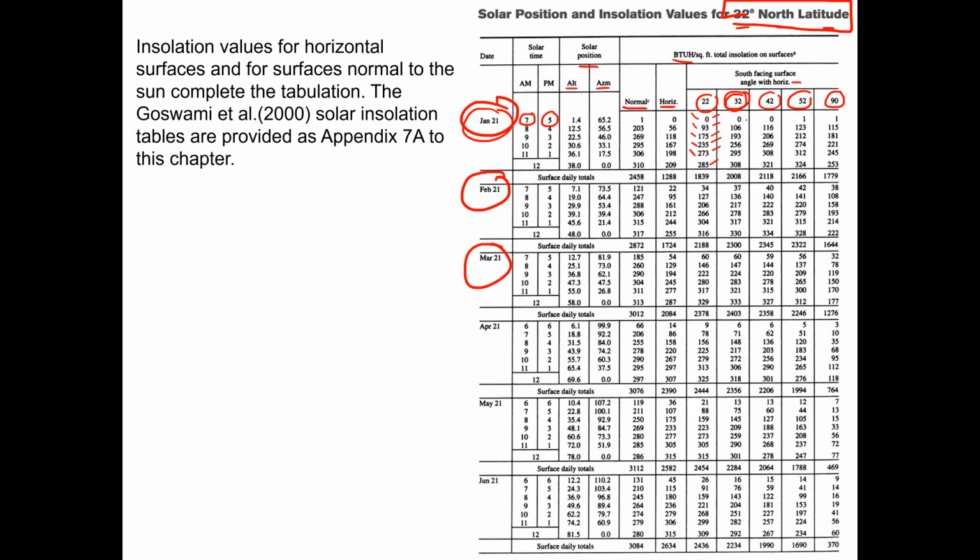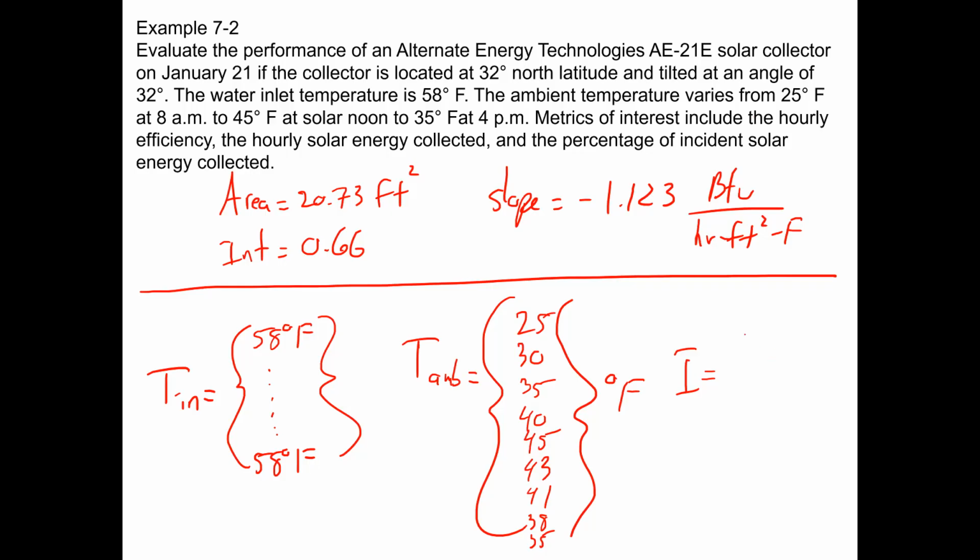So starting at 7 a.m. it's 0. Then 8 a.m. we have 106, that's in BTU per square foot. Then 193 for 9 a.m., and following 10, 11 a.m. and noon, it would be 256, 295, and 308, and then counting backwards until you hit 4 p.m. again.